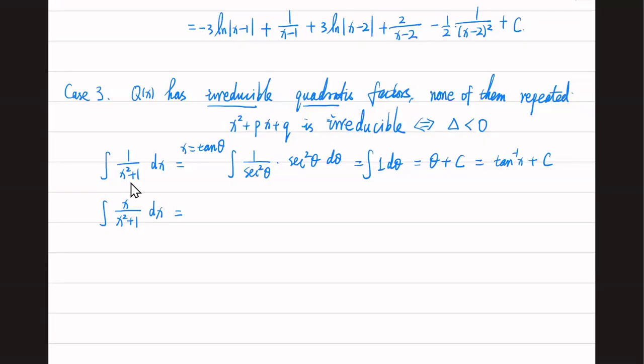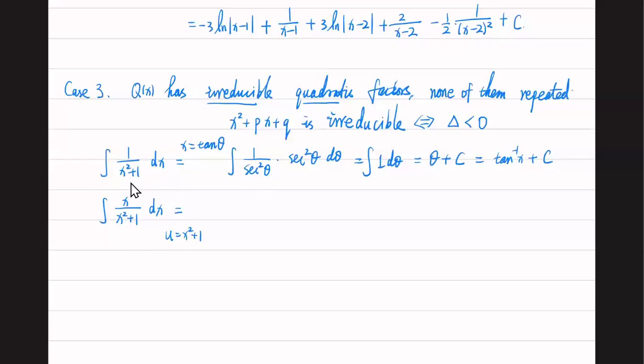Okay. So for this one, again, we use the substitution, but a different one where this thing will be our u. Then du will be 2x dx. We are missing 2 over there. It will be 1/2 du over u.